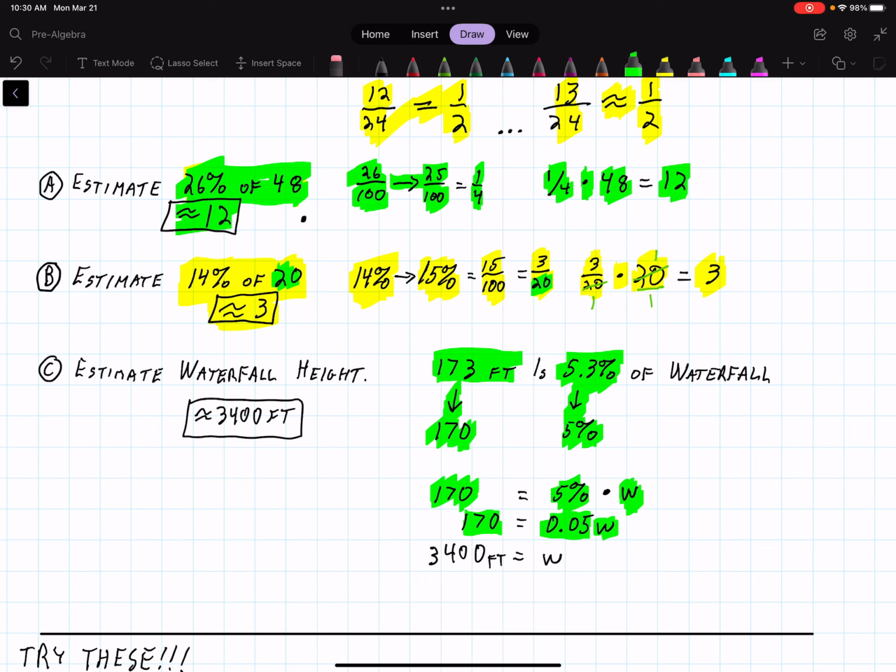We then divide both sides by 0.05, and we end up with 3,400 feet. So the estimated height of Angel Falls is approximately 3,400 feet, given that 170 feet, the height of Niagara Falls, is approximately 5% of it.